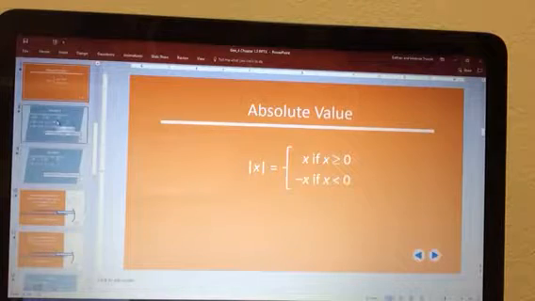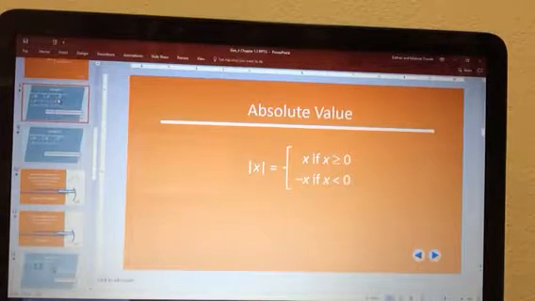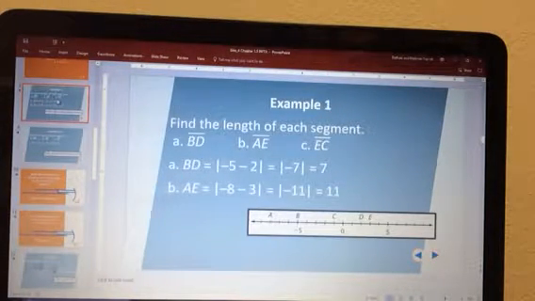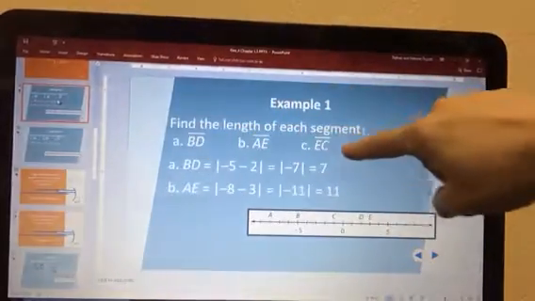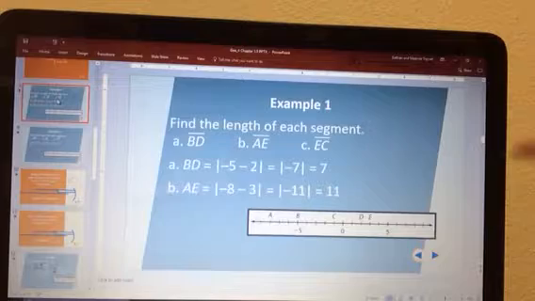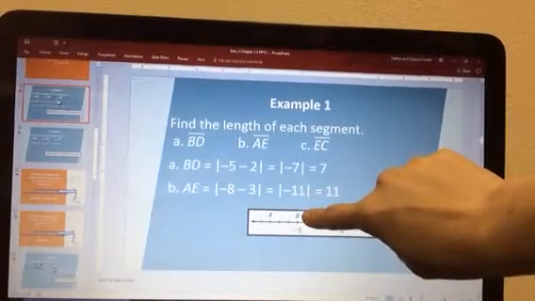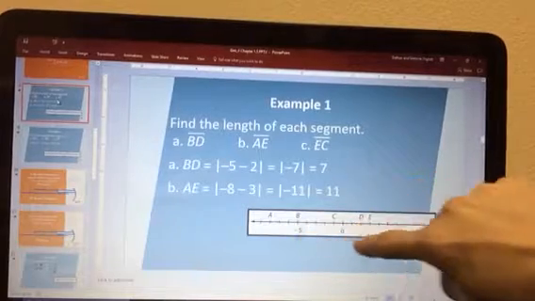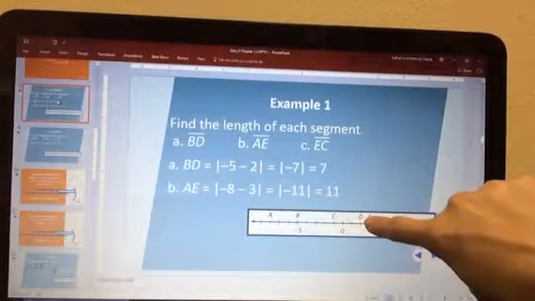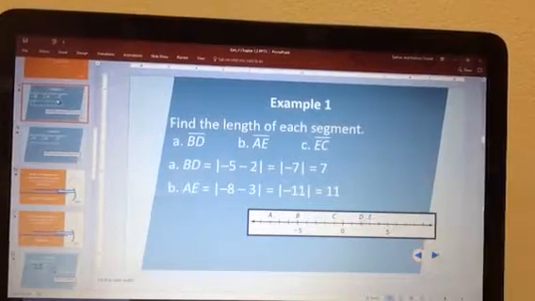Let's look at some examples of length on a number line. We're told to find the length of each segment, BD, AE, and EC. Let's start with BD. Here's B at -5. The coordinate of B is -5. Here's D over here at 2. The coordinate of D is 2.